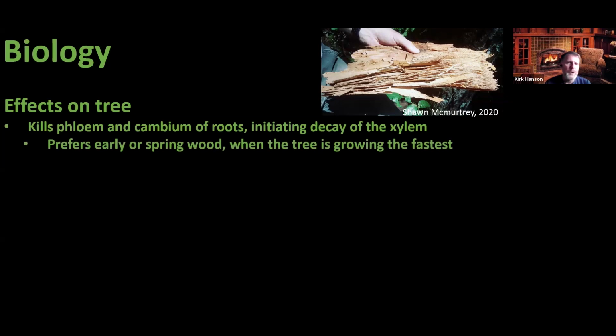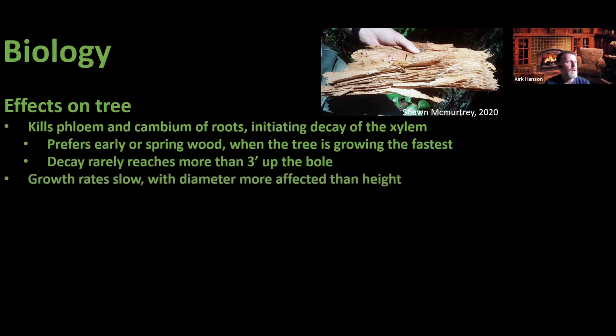And it really prefers the early spring wood when the tree is growing fastest, because the cells of that spring wood are much larger and the cell walls are much thinner, making it easier for the hyphae of the mycelium to penetrate those cell walls and infect the sapwood. And as I mentioned earlier, rarely does that disease carry much more than 3 feet up into the bole.